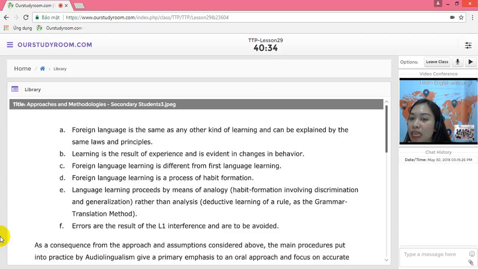Language is a system for the expression of meaning. What do you mean by this? Teacher Rosie, do you have any idea?